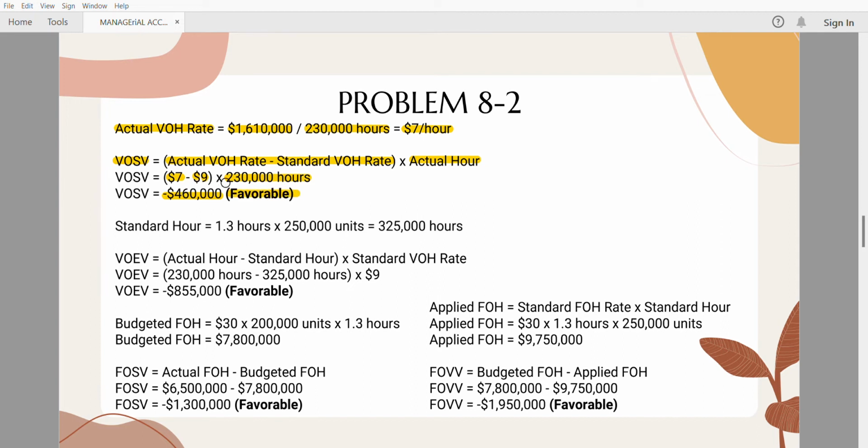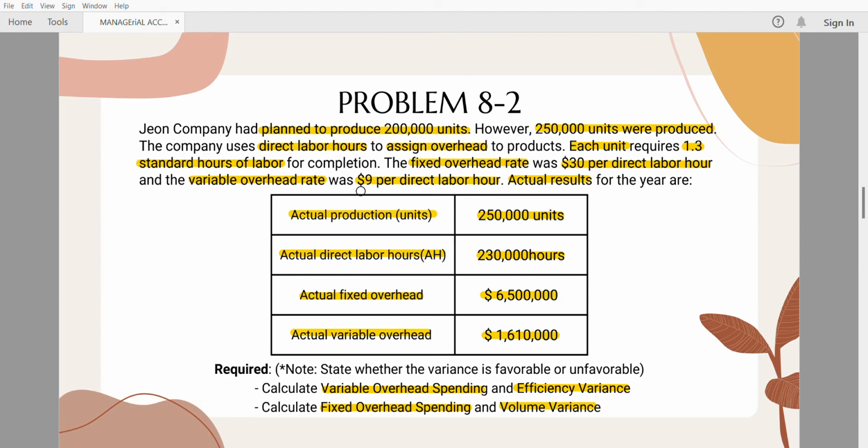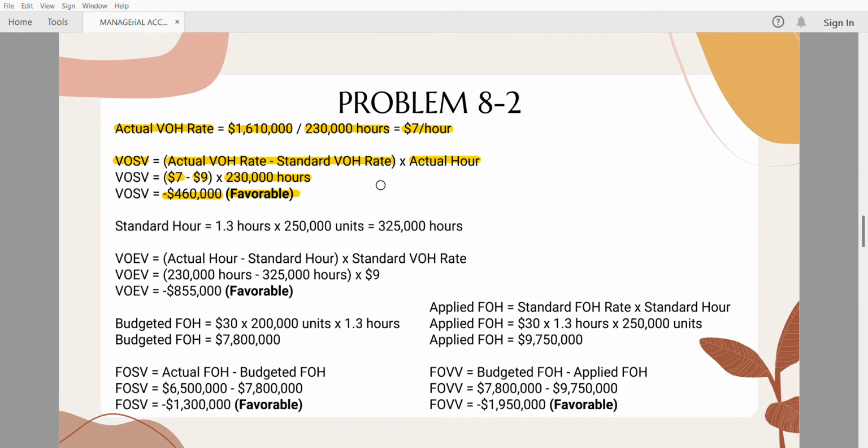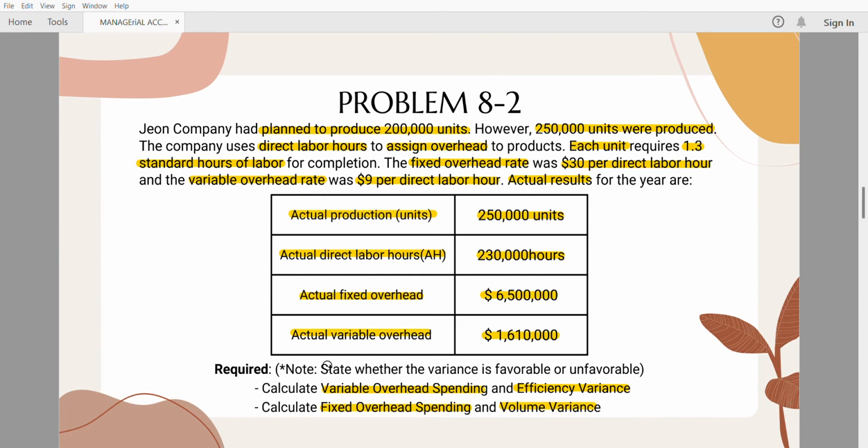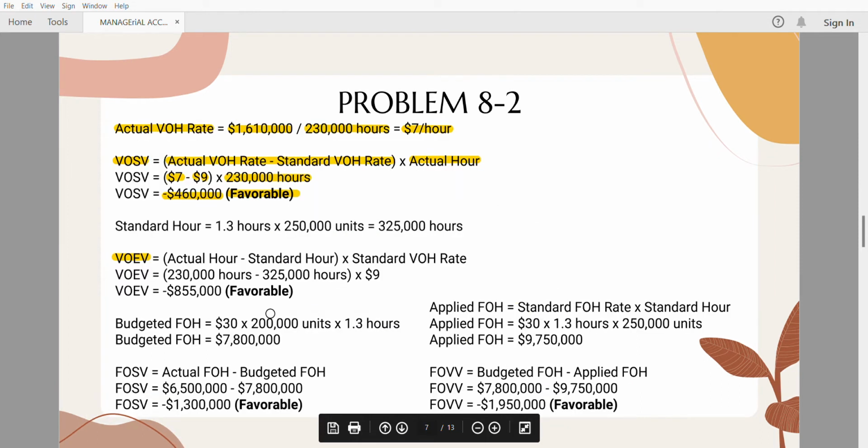Okay, $9 we get from here. Don't forget variable overhead.